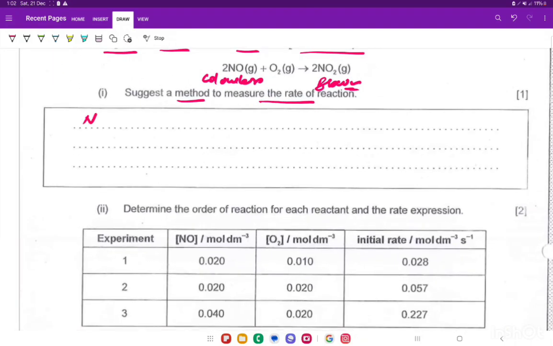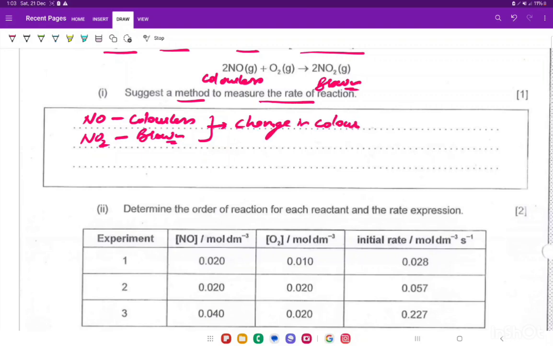Since NO is colorless and NO2 is brown, what is happening in this reaction? The color is changing from colorless to brown. So we can measure the change in color intensity per unit time by the help of a spectroscope or a colorimeter.